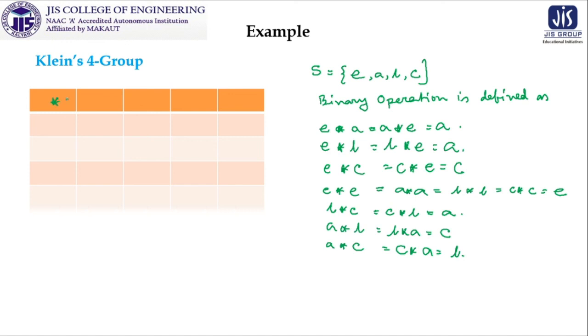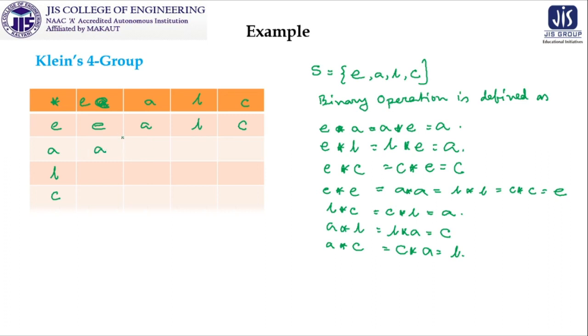So this is our composition structure. I am starting it with E, A, B, C. So it will be E, A, B, C. Okay. So E composition E, what is given? It is E. E composition A, what is given? So it will be A, B, C. Next, A composition E, what is given?